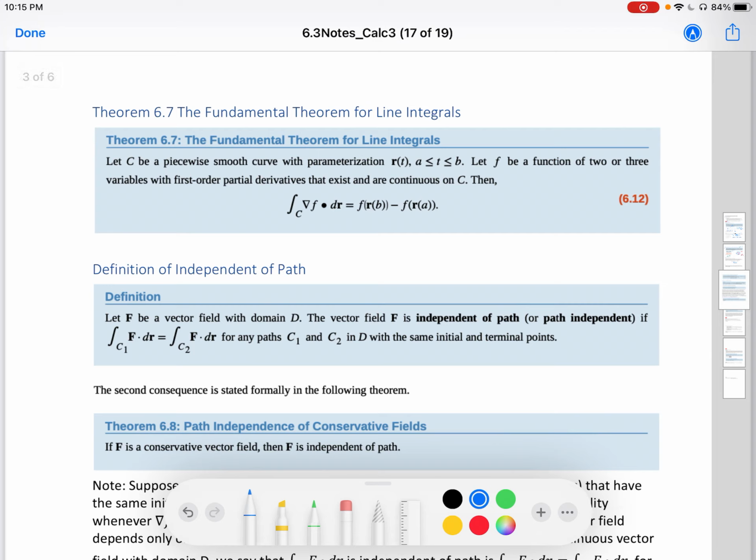Fundamental theorem of line integrals: Let C be a piecewise smooth curve with parameterization r of t, with a less than or equal to t less than or equal to b. Let f be a function of 2 or 3 variables with first order partial derivatives that exist and are continuous on C. Then the integral over C of the gradient of f dot dr equals f of r of b minus f of r of a.